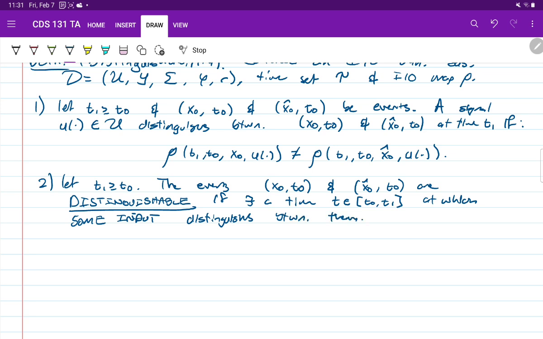All right, so we say that x0, t0 and x0 hat, t0 are distinguishable on this time interval [t0, t1] if there exists an input satisfying condition 1 up here.